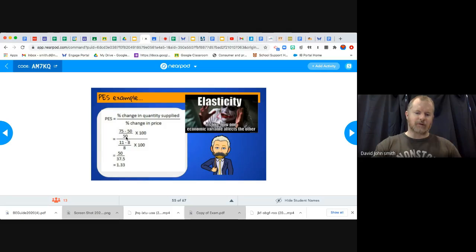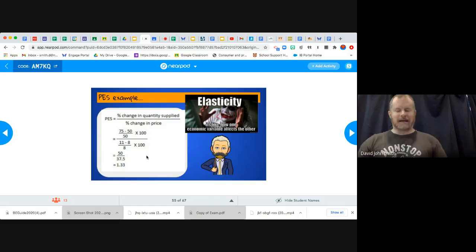The difference over the original times 100 gives you the percentage change. Then the price: it has increased, as we see here. 11 minus 8 over 8 times 100, 50 over 375 gives you 1.33.